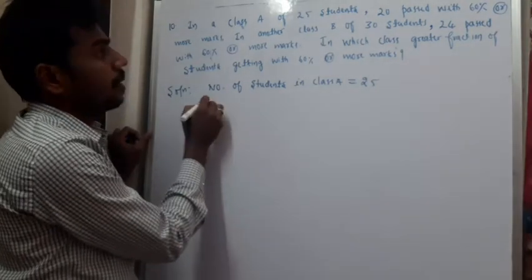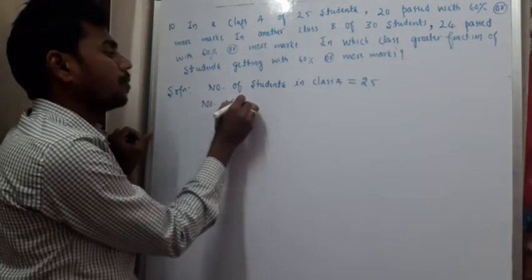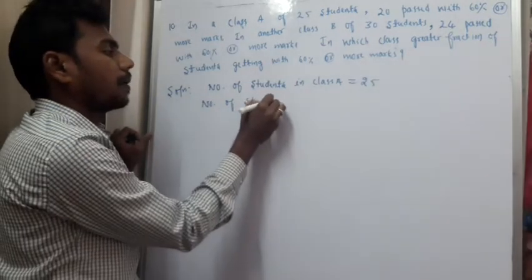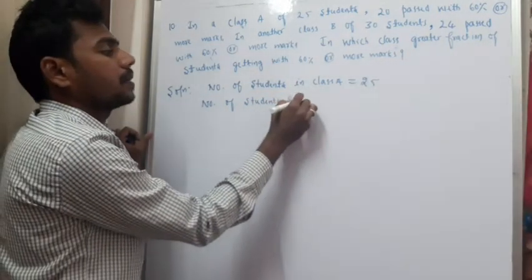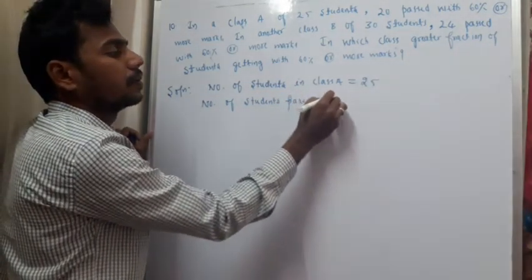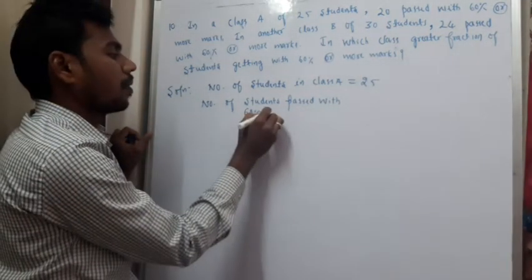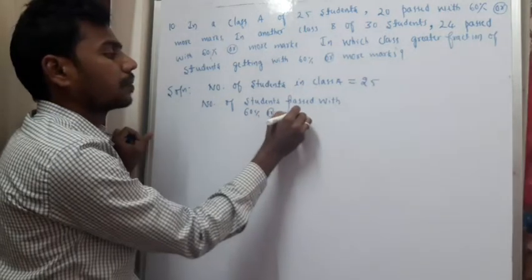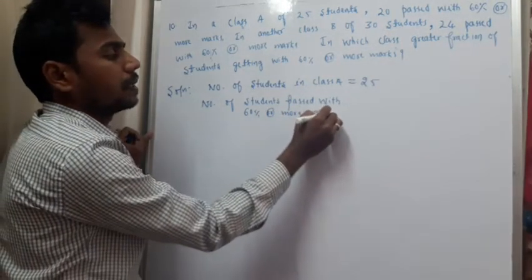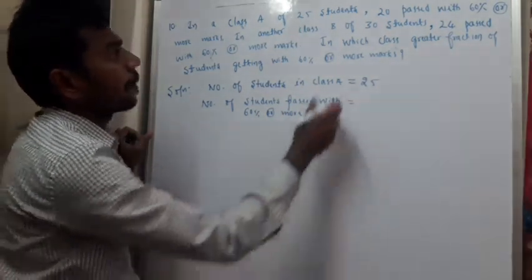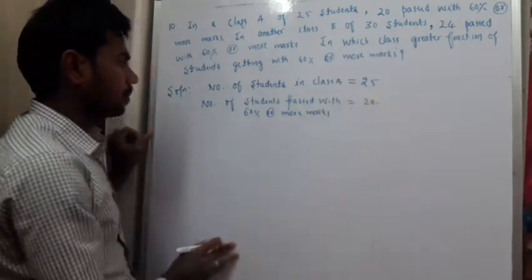So in that number of students passed with 60% or more marks is equal to how much? How many? 20 students.